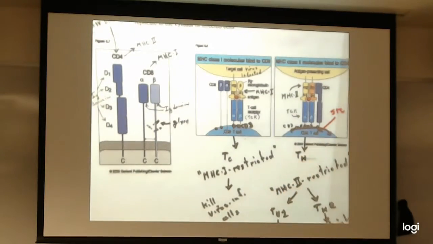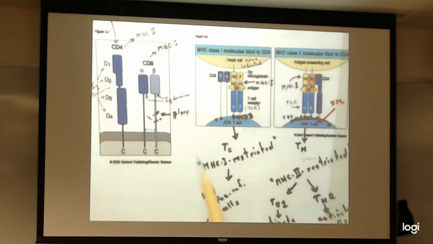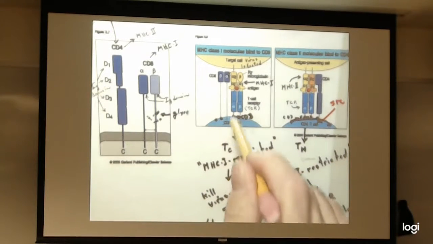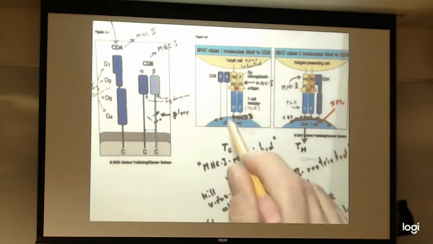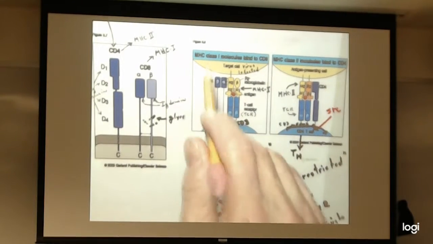Okay, so again here, CD8 T cells are going to be ultimately killer T cells.